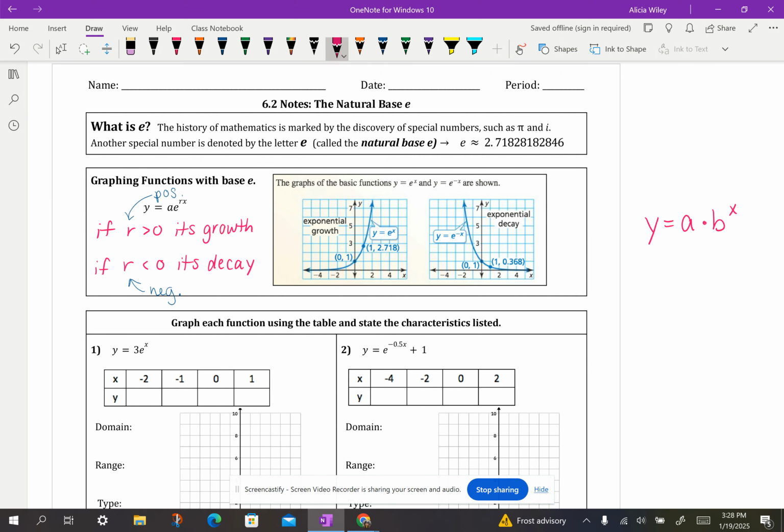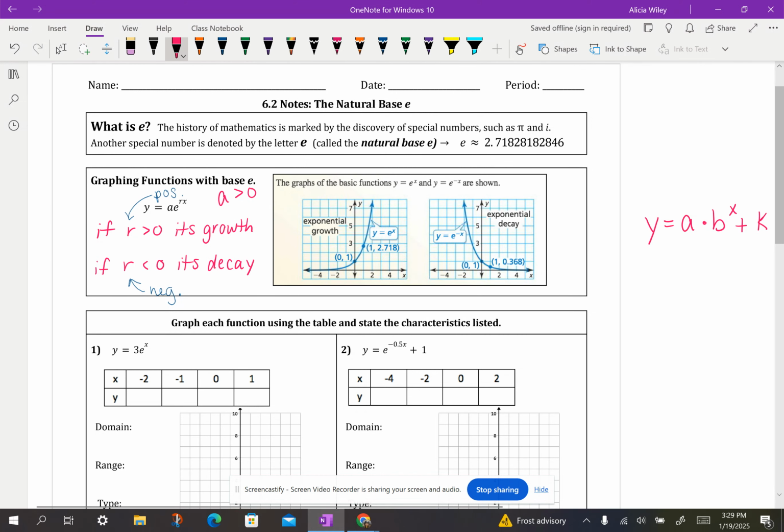The other thing about these problems is that the a value for these problems will always be greater than 0, so it'll be positive. You can see here that it is possible for it to have a value added here. We had talked about how that value is a number that is added on. I'm just going to call it k.